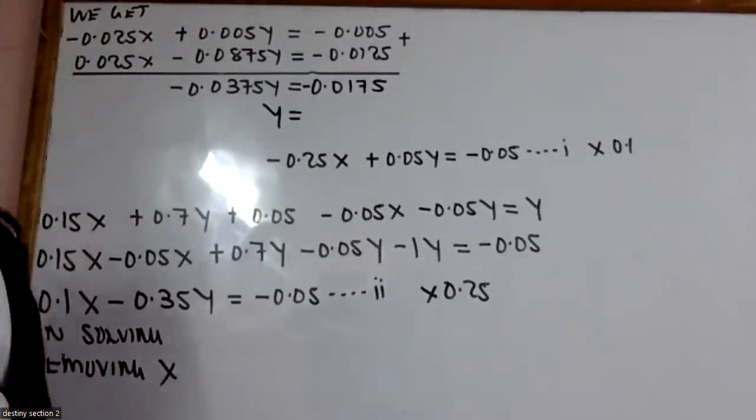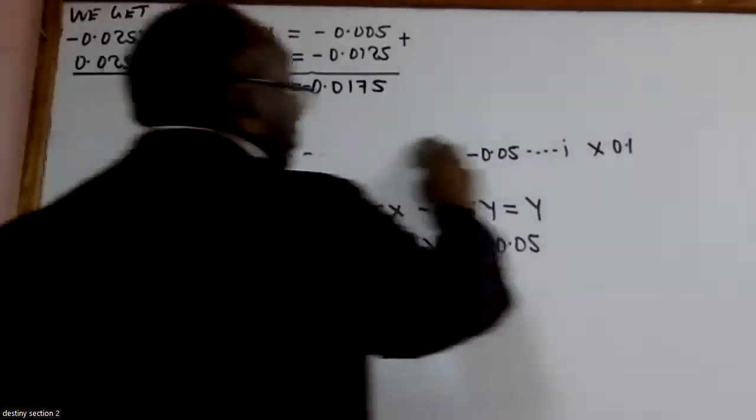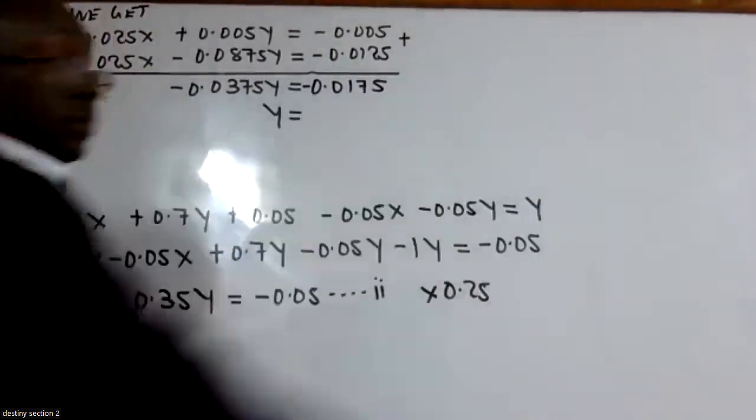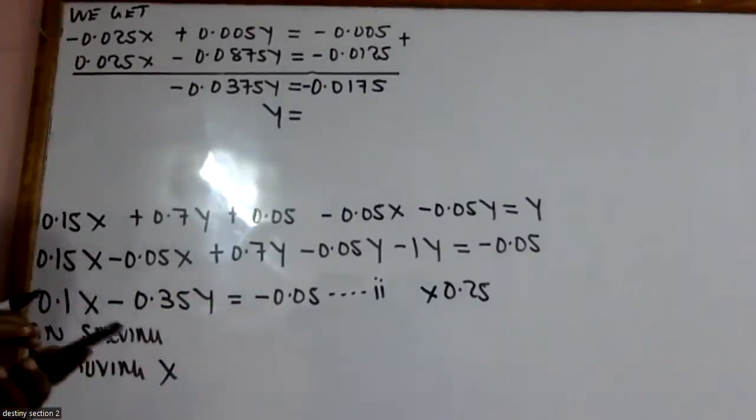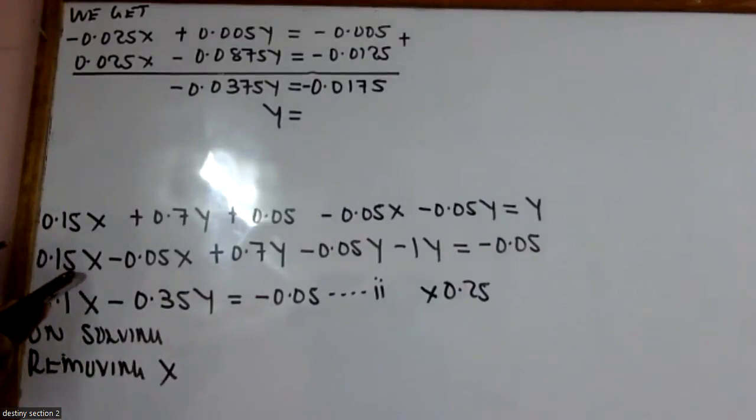So tell me the value of y from there now. Teacher, minus 0.005 minus 0.0875 should be negative 0.0825.